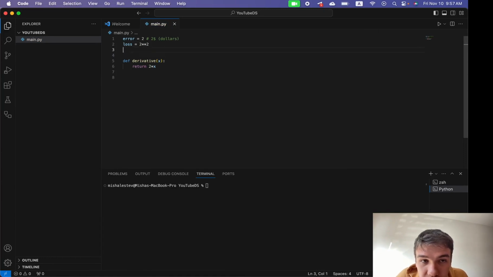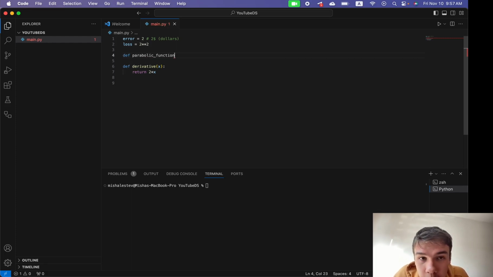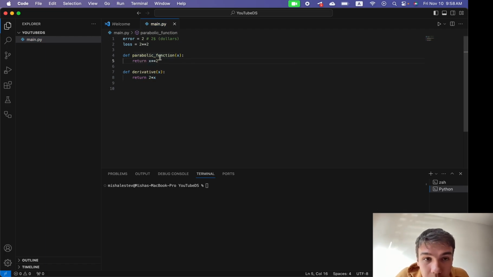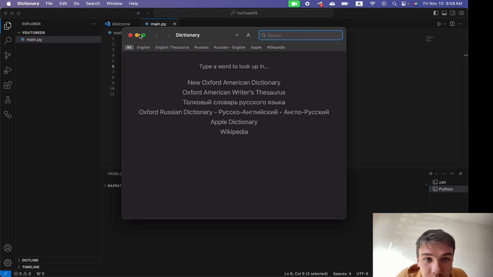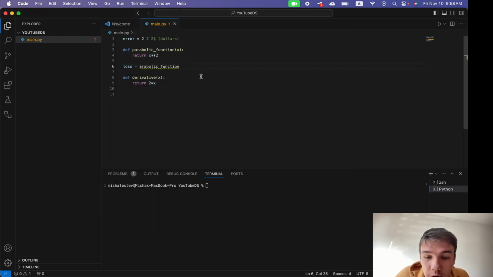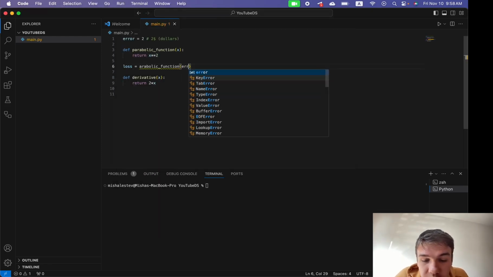Or we can say even so, def parabolic function takes x and returns x raised to the power of 2. So we can say that our loss is equal to our parabolic function, and our parabolic function receives error.